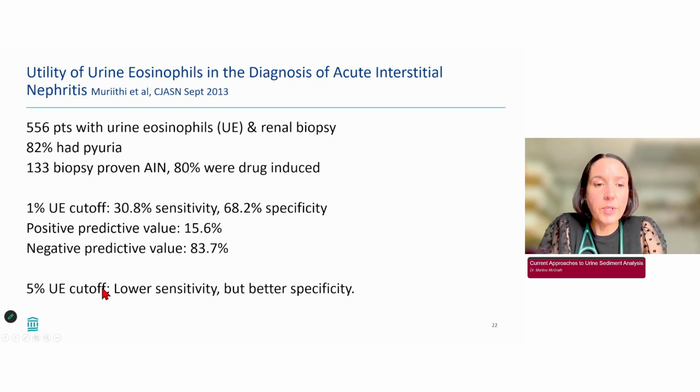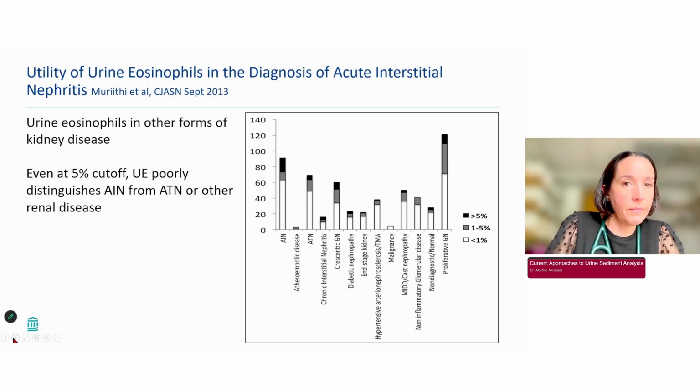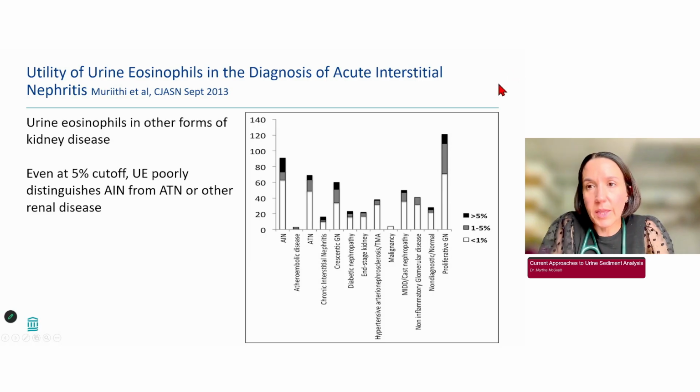I found this particular image from the paper very informative, where this looked at urine eosinophils in other forms of kidney disease. So just to orient you here, the very dark black panels are greater than 5% urine eos. The gray is 1 to 5% eos, and the white is less than 1% eos.